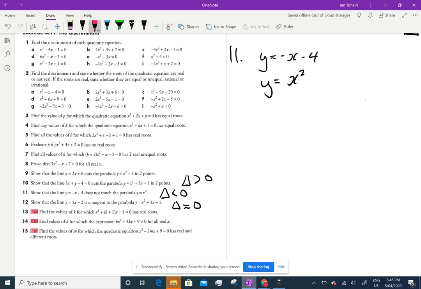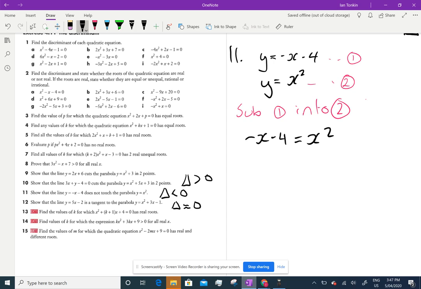I'm going to solve them simultaneously. Call this equation 1, call this equation 2, sub 1 into 2, which means everywhere there's a y, I'm going to put -x minus 4, so -x minus 4 equals x squared. I'm going to take these two things over the other side, and I change sign, so I get 0 equals x squared plus x plus 4.